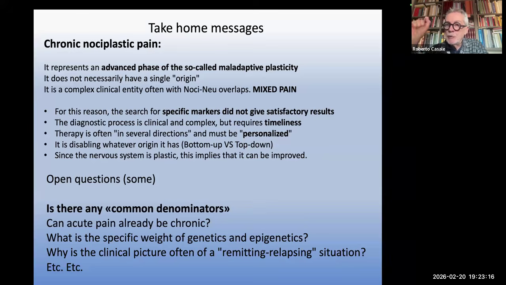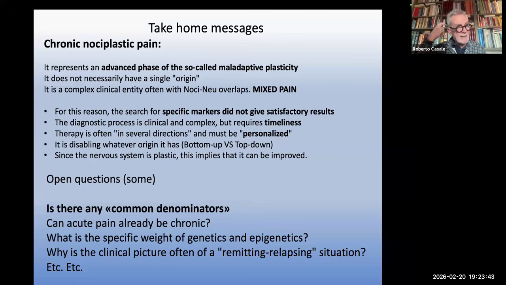Please take into account that the first one talking about maladaptive plasticity was Clifford Woolf in 2000, and only in 2020 were we able to develop, on that basis, this new entity of nociplastic pain.